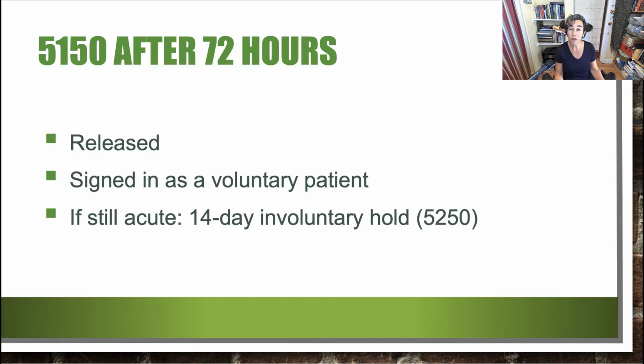So we start with a 5150, we move to a 5250. And to qualify for a 5250, they still need to either be a danger to themselves or others or gravely disabled. And in that interim period, the 3 days to 2 weeks, what we're looking for is some stabilization of that individual.